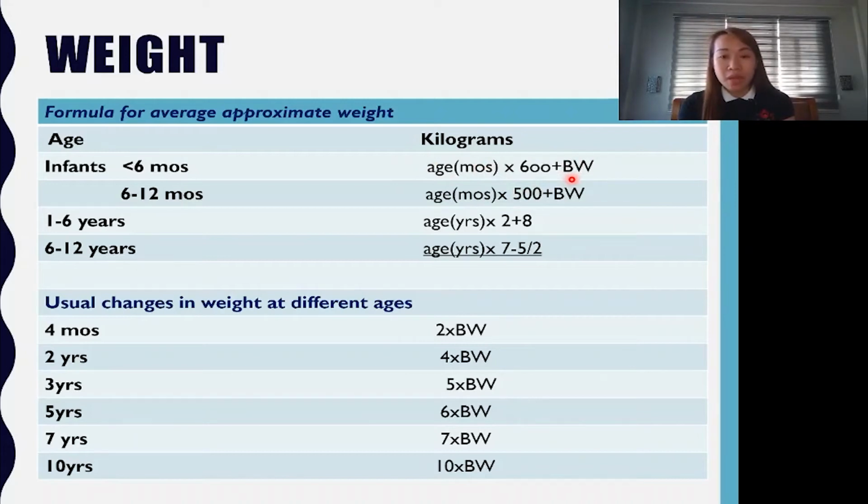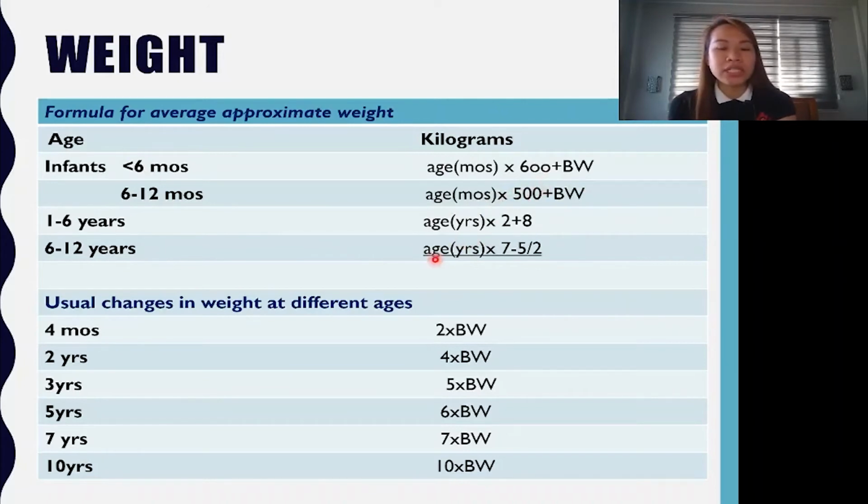So for example, the age in months is 5 times 600, okay, 3,000 plus, for example, the birth weight is 3,000. Then, we expect that at 5 months, the child is already 5 kilos. Okay? So, ganon. And then at 6 to 12 months naman, how we're going to compute it is age in months, for example, 7 months times 500 plus the birth weight. So, that's how you're going to compute it.